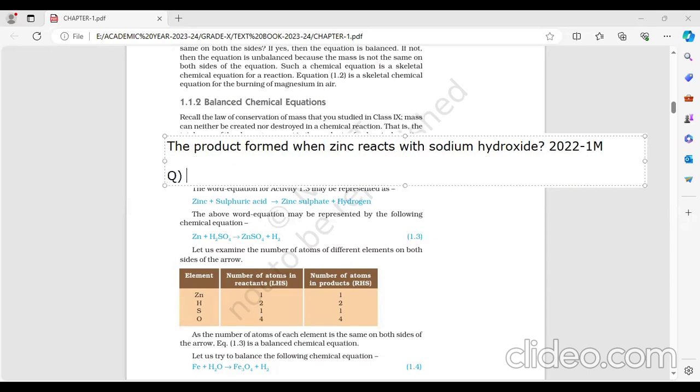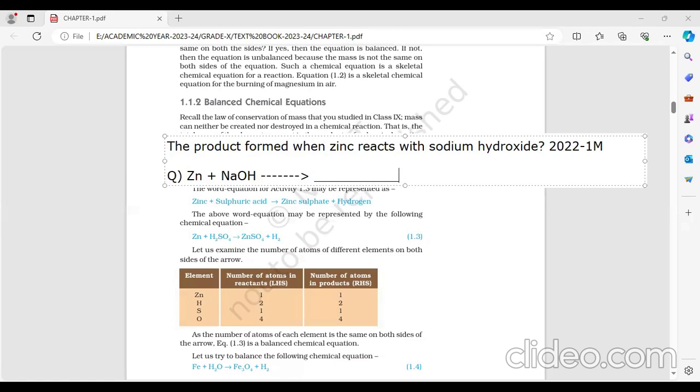I'll write the question here: Zn plus sodium hydroxide, NaOH, gives rise to dash. This is the question asked. So what will be the answer? Tell me. It is already given in the textbook also.